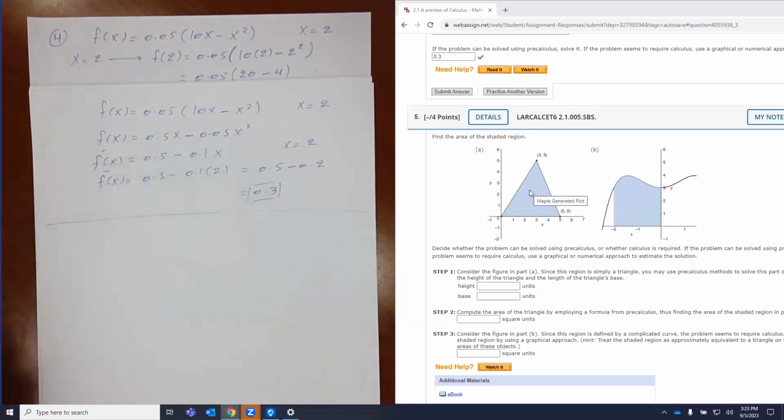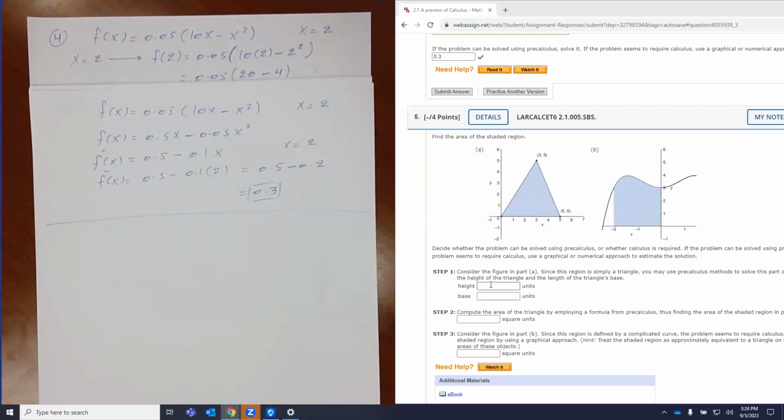So for part A, they ask you to consider part A. Okay, we're going to look here. How much is the height for this triangle? The height is 5.